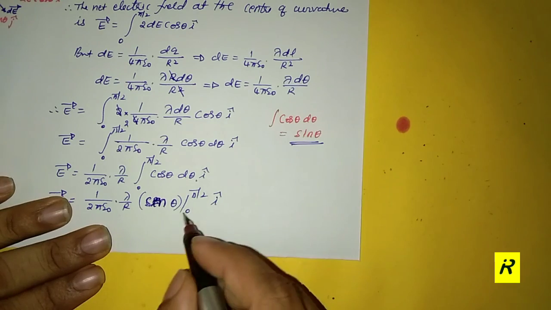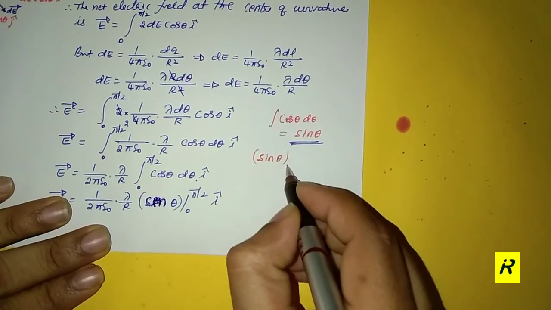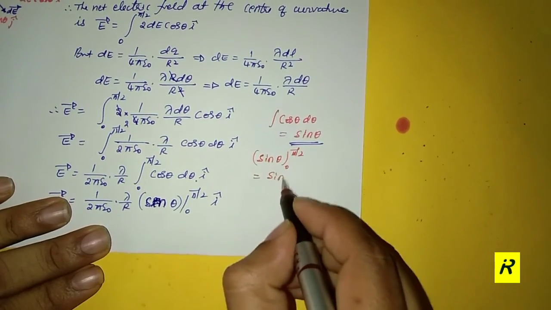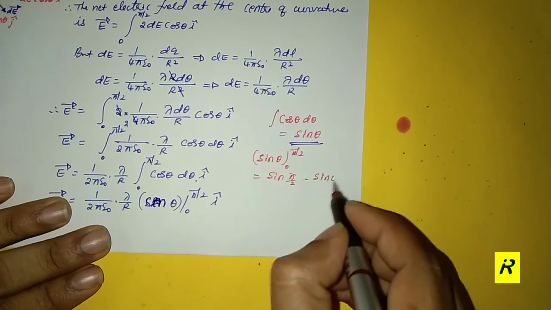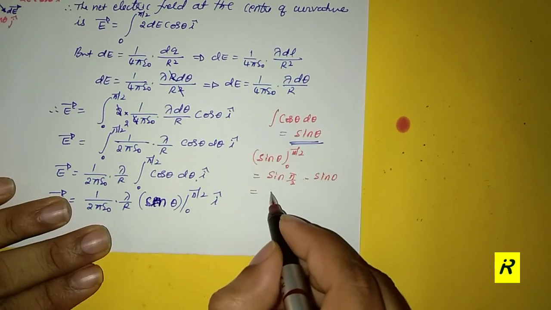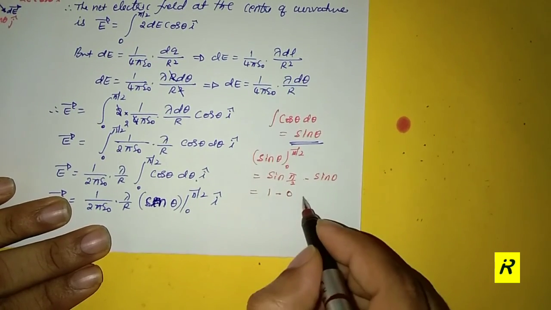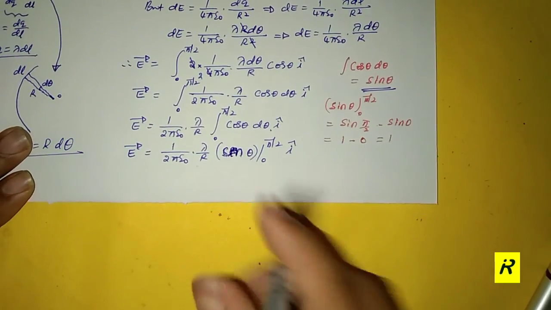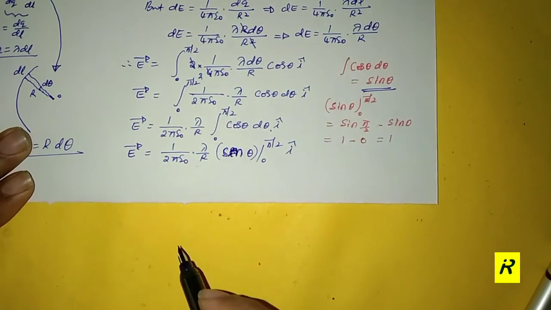Sin theta with the limits 0 and pi by 2. That means when I put pi by 2 and 0 for the values of theta, sin of 90 degrees is 1 and sin of 0 angle is 0. So this is simply 1. That means this integration result is 1.